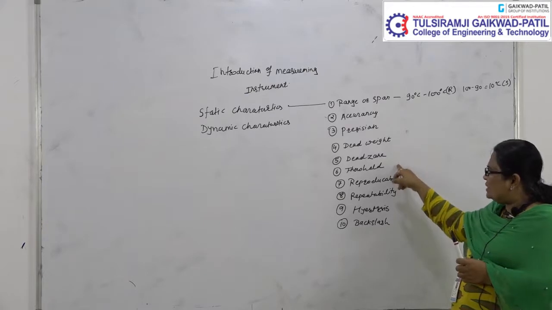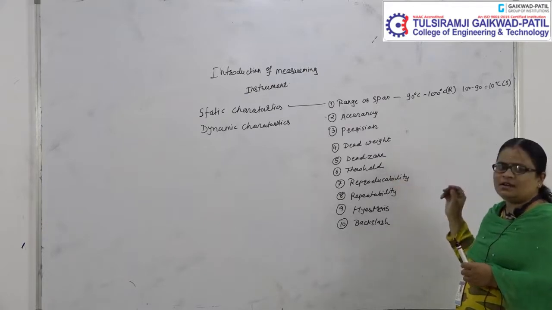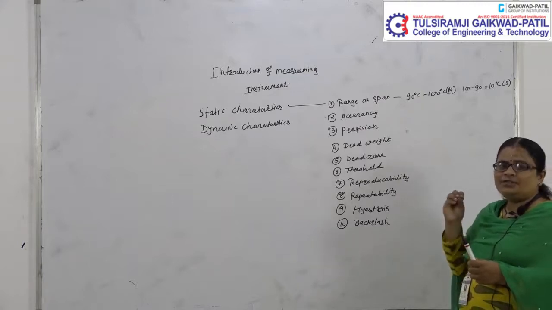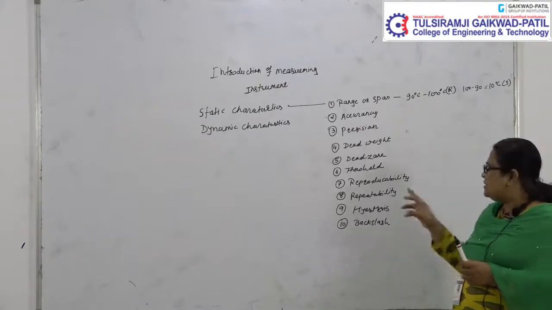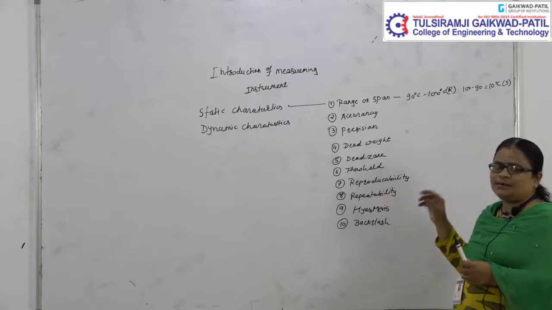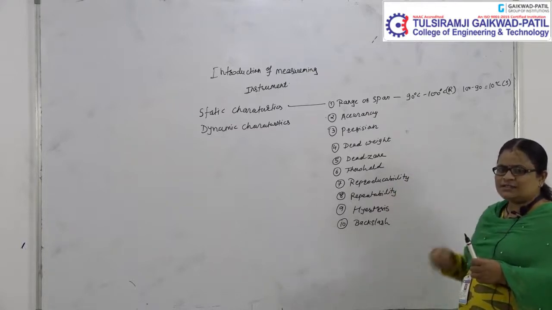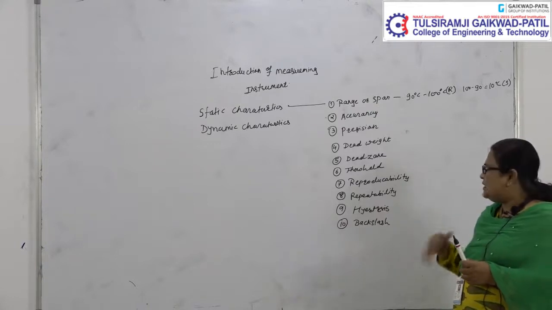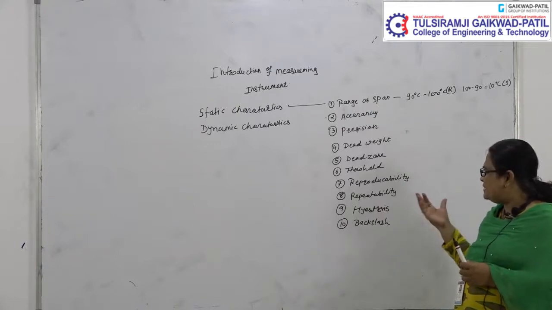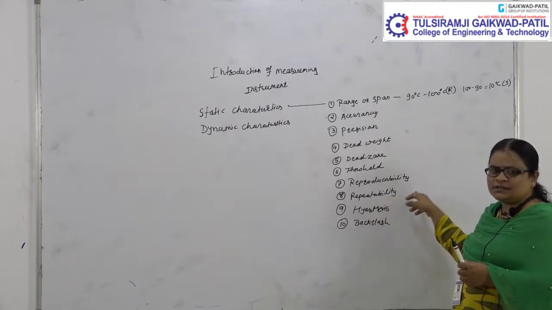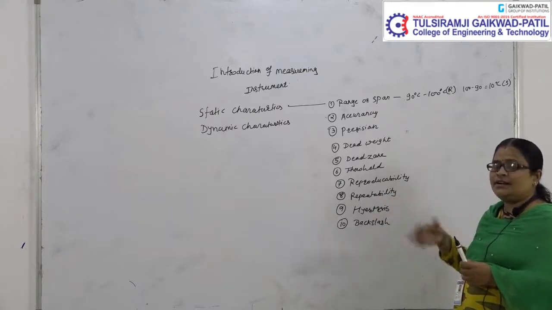The threshold is the process in which the instrument can be repeatedly used. Reproducibility means you take the reading first, second, third, fourth, in this form there is a possibility of reproducibility. Repeatability is the process in which the readings are taken repeatedly.